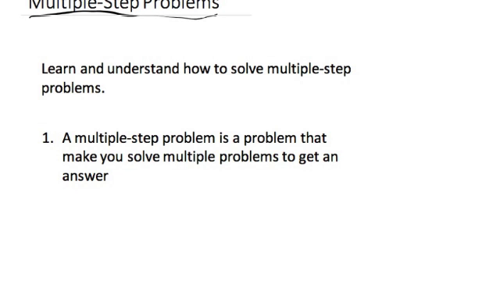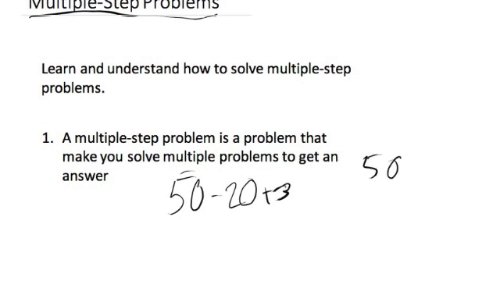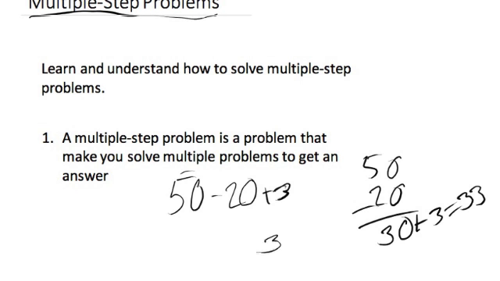That sounds confusing, but it basically means if the question was 50 minus 20 plus 3, first you would do 50 minus 20. 50 minus 20 equals 30, and that's our first problem. And now, for the second problem, plus 3. 30 plus 3 equals 33. That's how we got 33 for our answer.